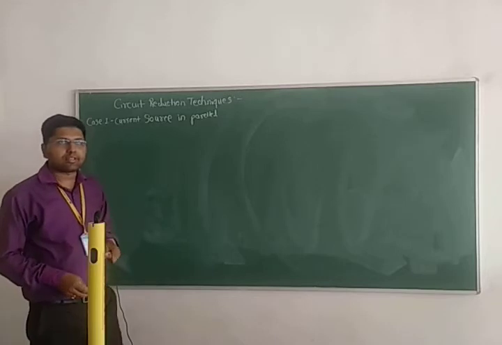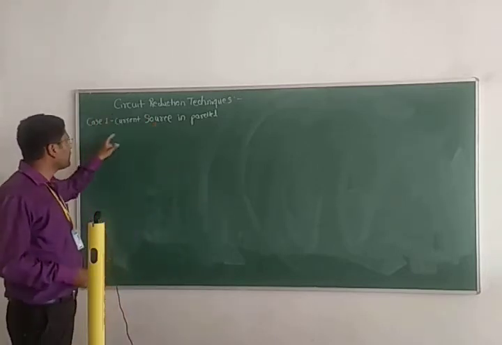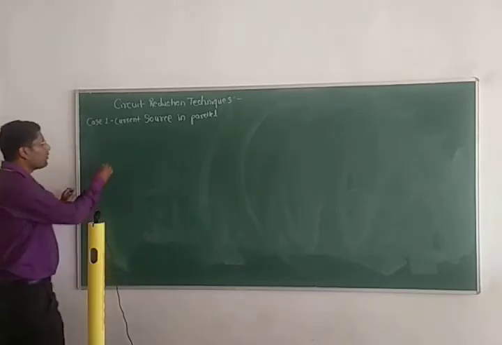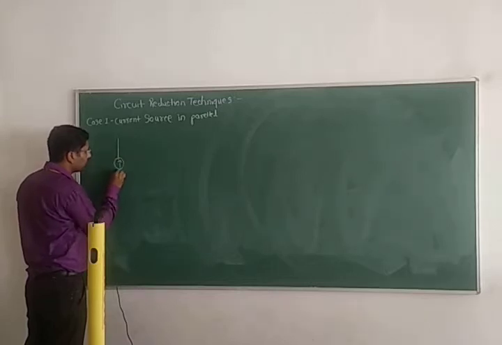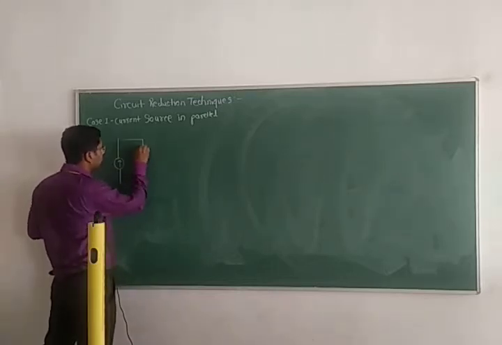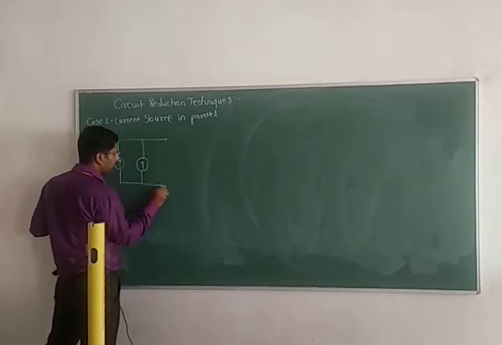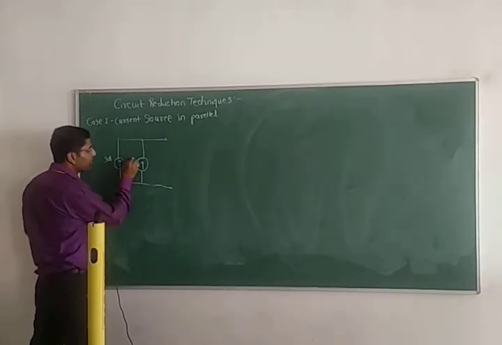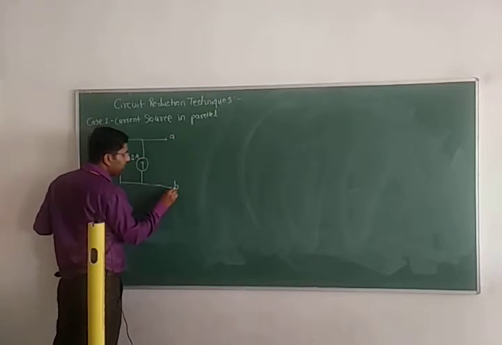So you can see here I have given circuit reduction technique, and case first: current source in parallel. Suppose there will be a current source. This current source value is 3 ampere and this current source value is 2 ampere, and suppose this is the AB port.